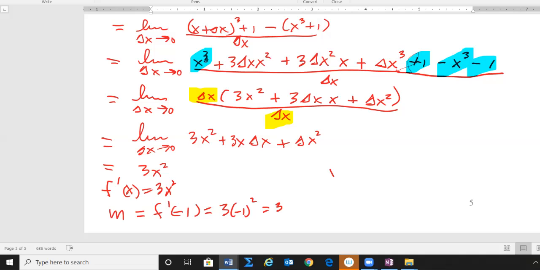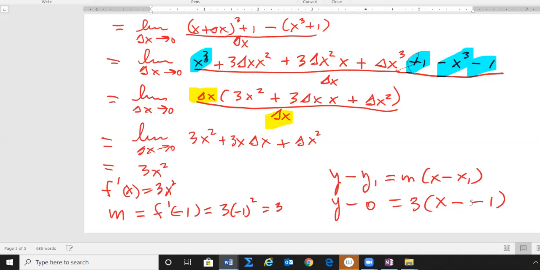That means if we go back and work with this form from the top, we have now y minus 0 equals 3 times x minus -1. So y equals 3x plus 3. And that is the equation of our tangent line at that point right here.